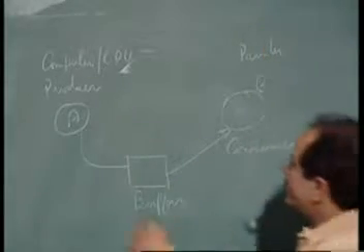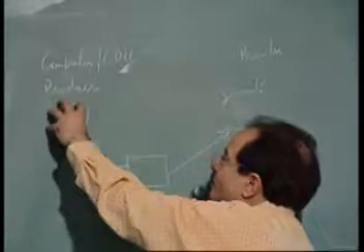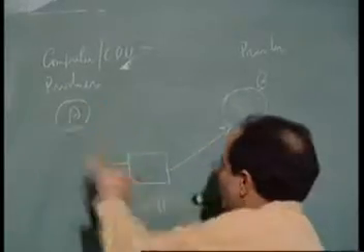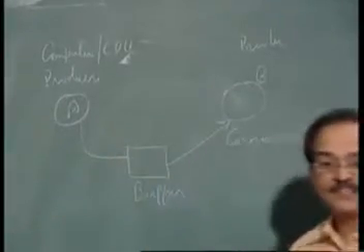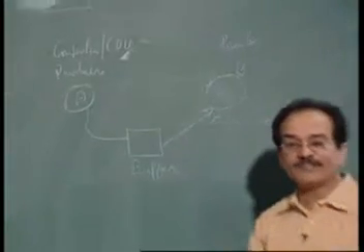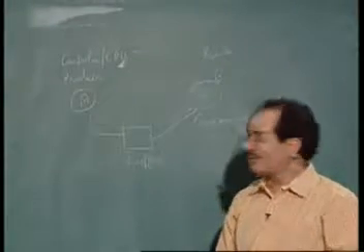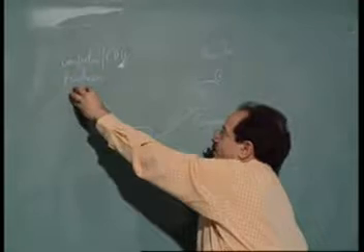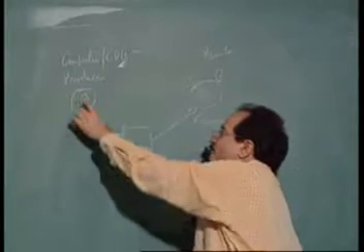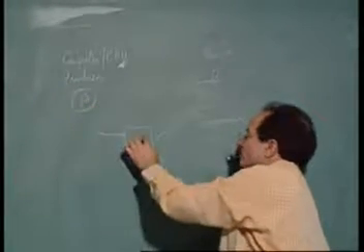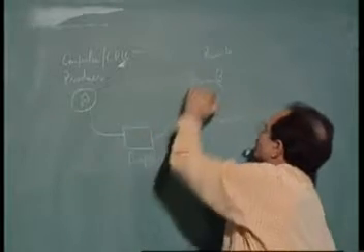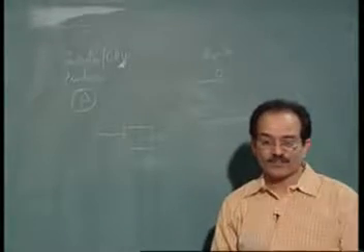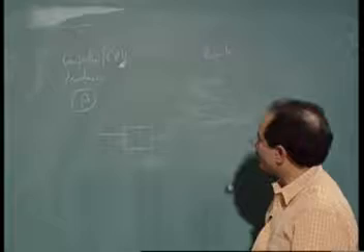Now, for these computers, what we do is we go for a buffer. You might have seen each of these printers has got its own buffer. The moment the output is produced by A, it goes to the buffer, and from there it is consumed by the consumer. This is what we call the producer and consumer problem.